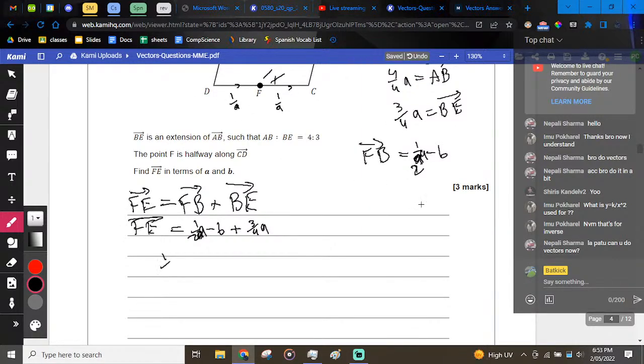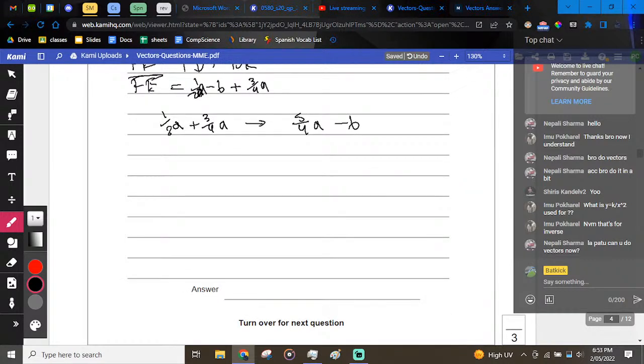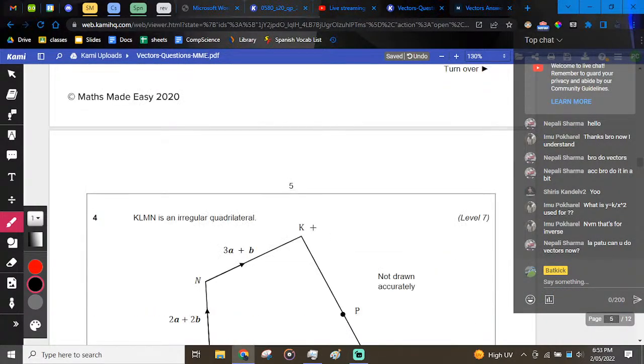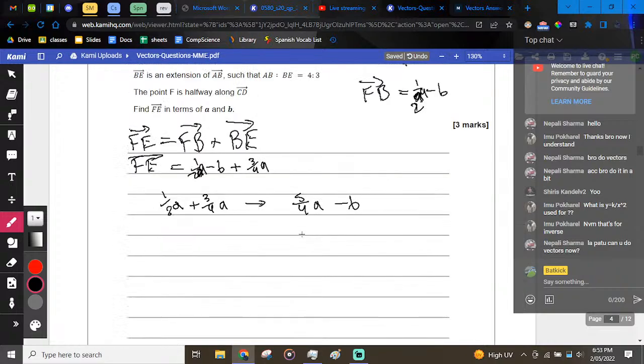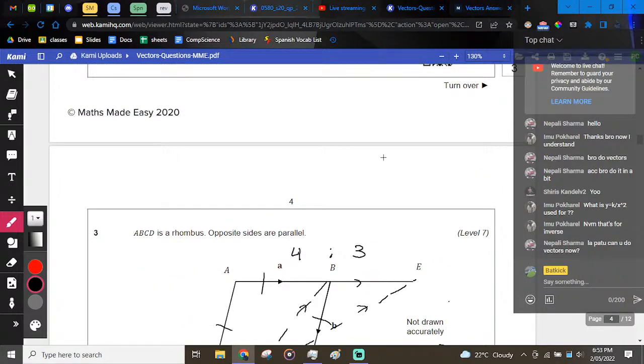So half a plus 3/4 a is actually 5/4 a minus b. That is what we're going to write: 5/4 a minus b. Do you want more vector questions? We can check this one. Question 3.